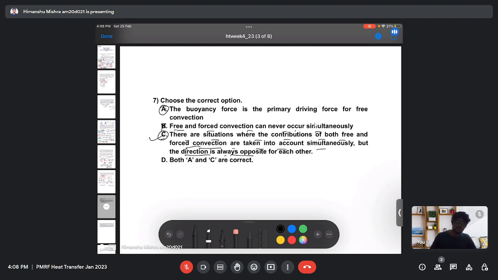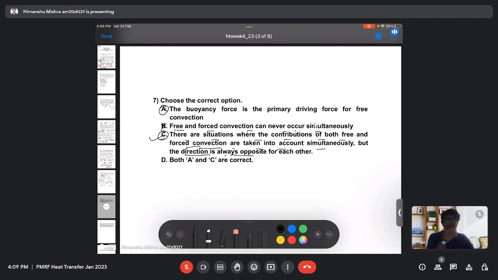Like, what is the direction of forced and free convection? Is it always opposite, or can it be in the same direction? I think C is also incorrect because forced convection can be parallel to the surface, but the natural convection will be perpendicular.